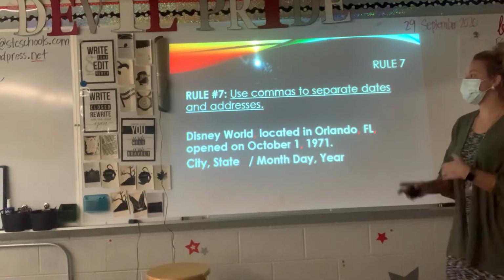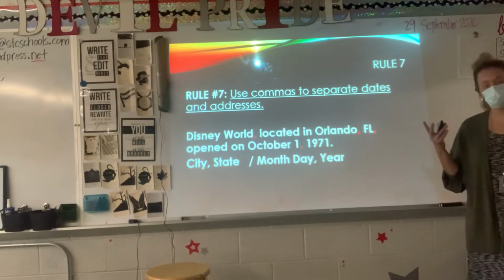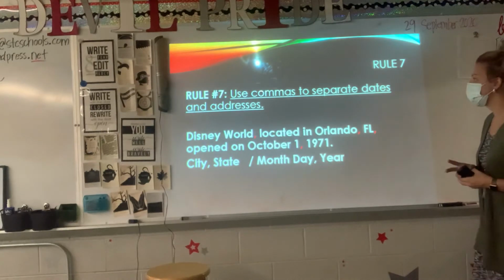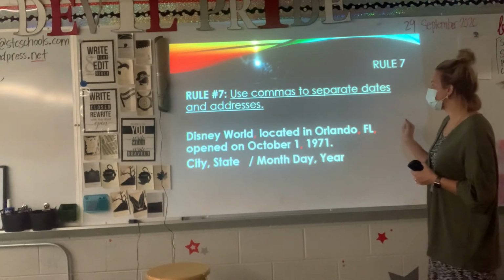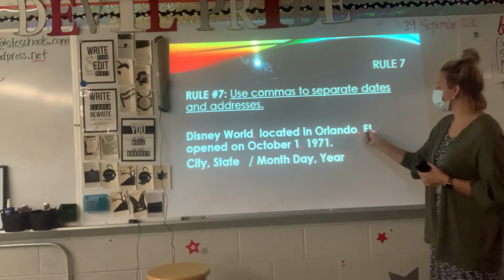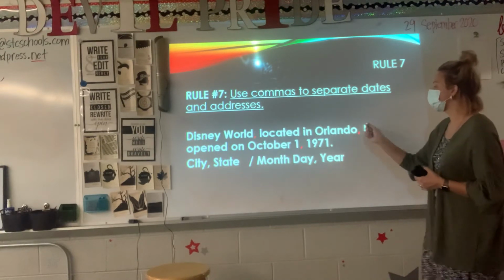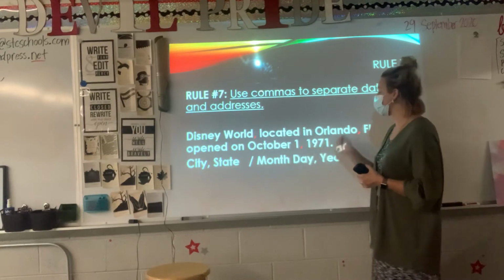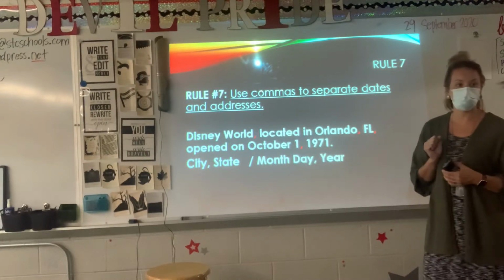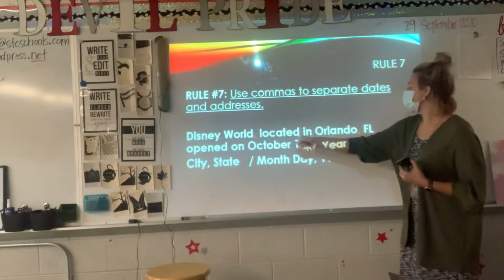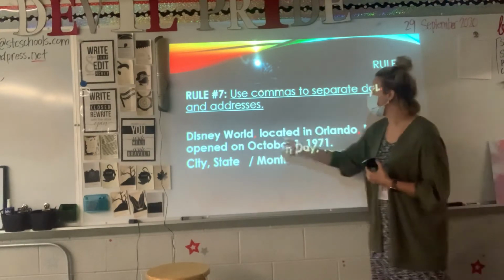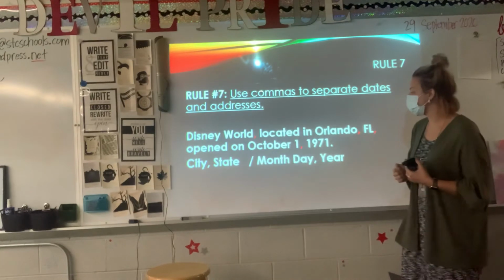So rule number 7, this example actually is a combination of 2 of the rules, but the main thing here is that you're separating dates and addresses. So Orlando, Florida is getting separated, and October 1st, 1971 is being separated by a comma, but this is also an interrupter sentence. Disney World, located in Orlando, Florida, opened on October 1st, 1971.